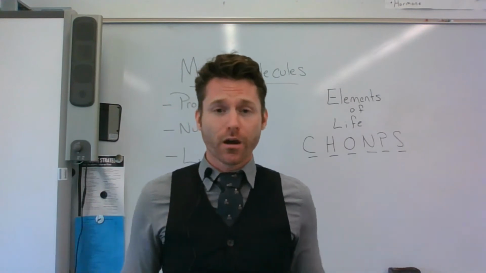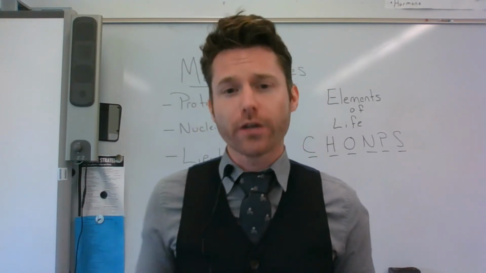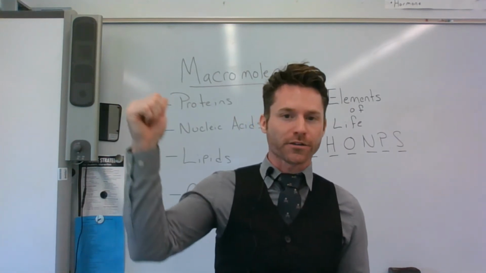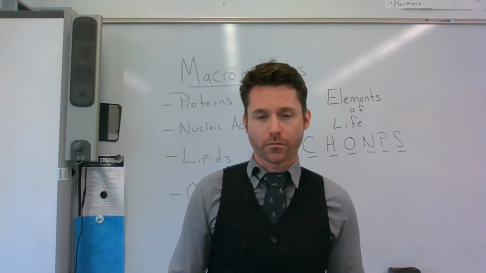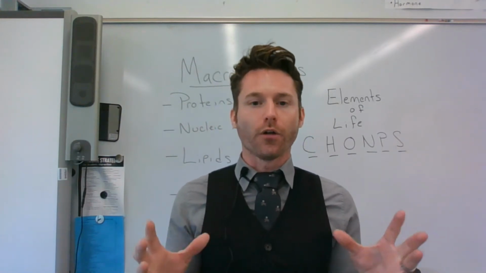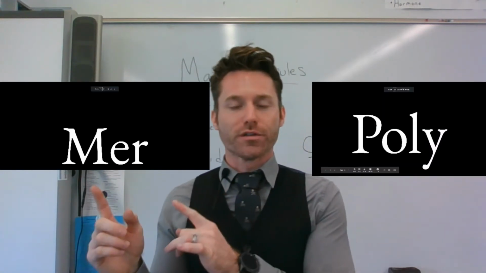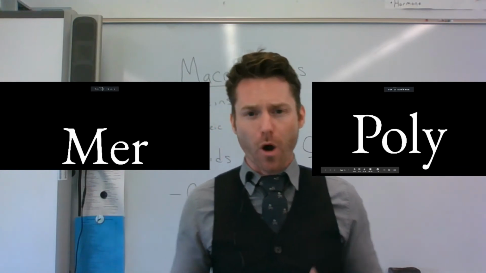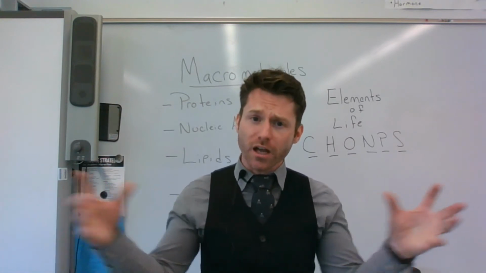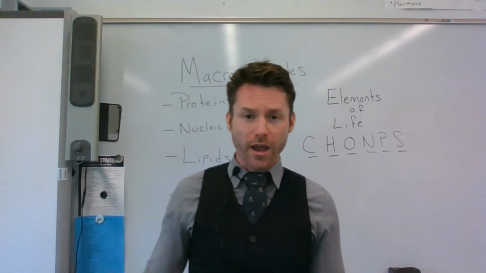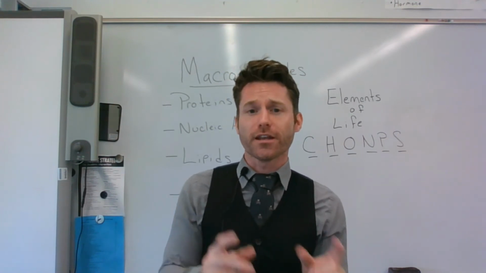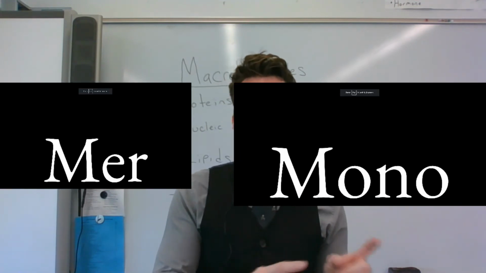So, first I have to give a little bit of an introduction to the nature of these macromolecules before I start talking about the details of each. So these macromolecules are what are called polymers. Okay? Poly means many as a prefix. So it's a bunch of stuff shoved together. And that bunch of stuff that is being shoved together is individually called a monomer.